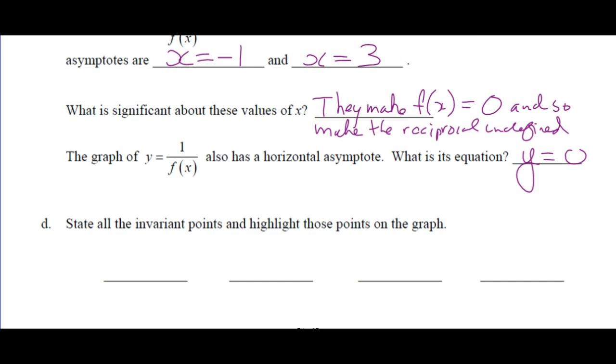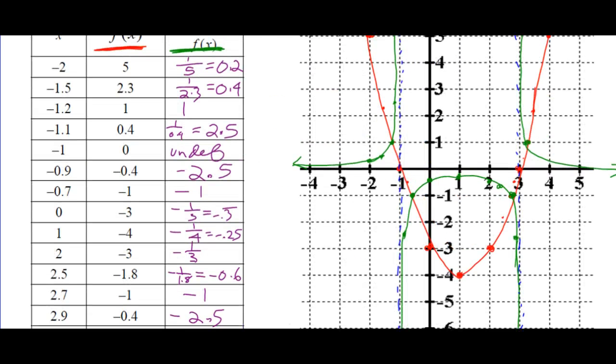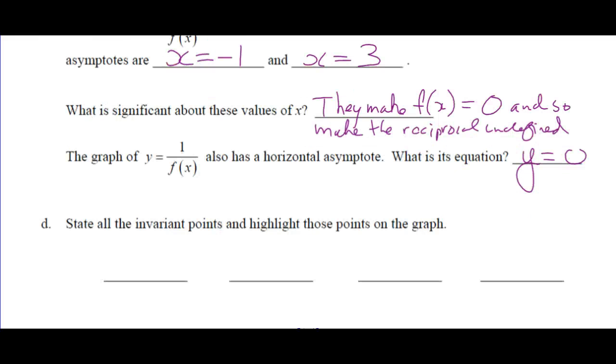State all invariant points and circle them in blue. Okay, so there they are. Now it's easier to state them from the table. So what are the invariant points?